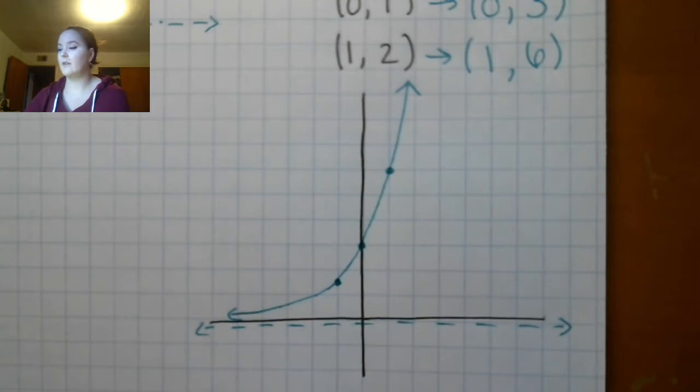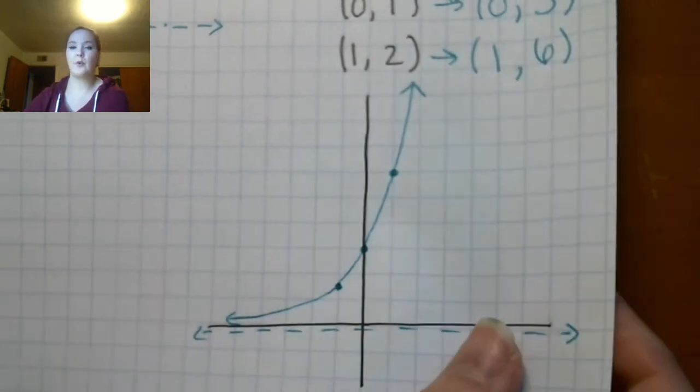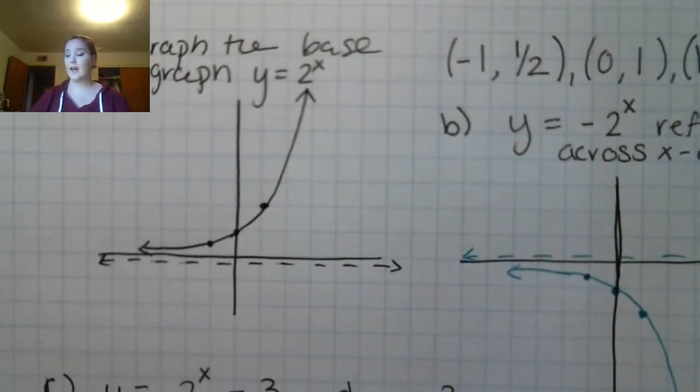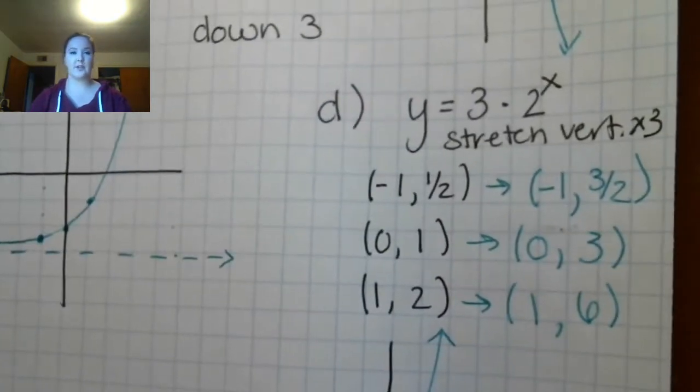All right. So that's our first example with the base graph 2 to the x and 3 different transformations. So for exponential functions, let's look at a second base graph.